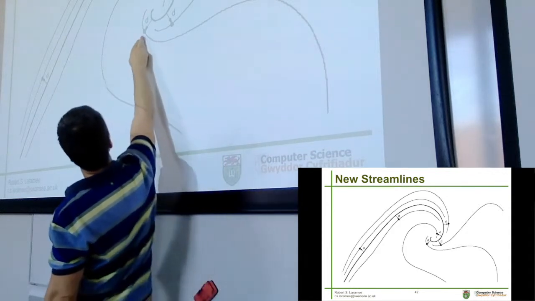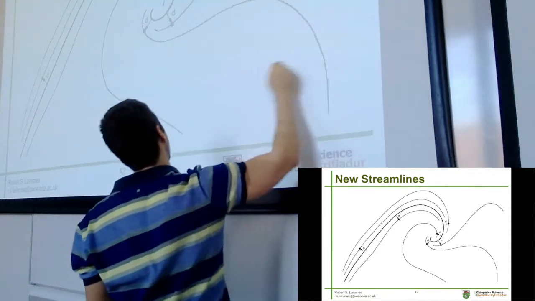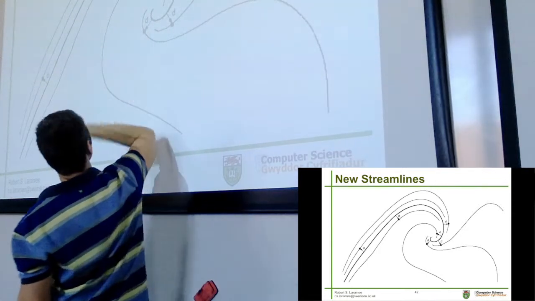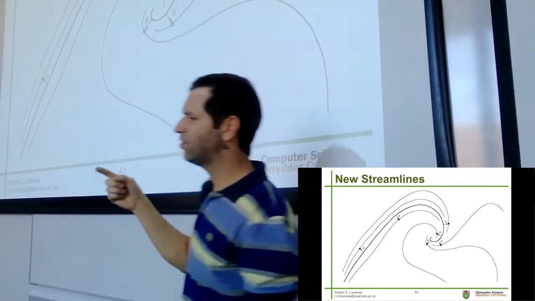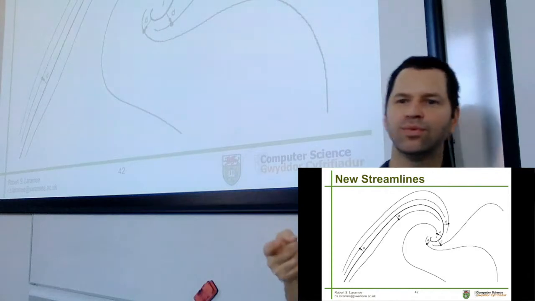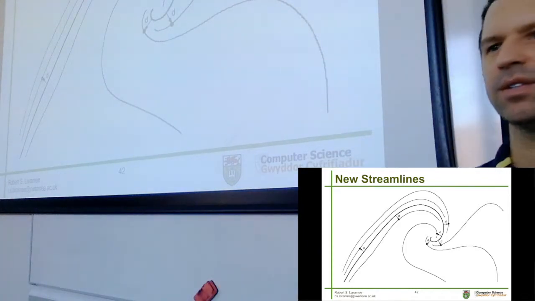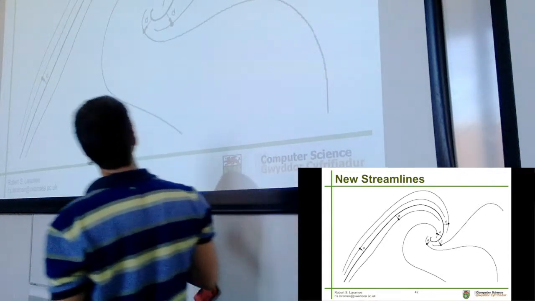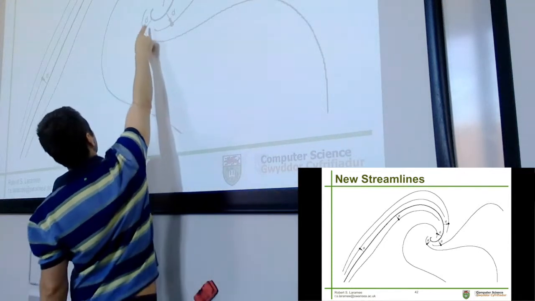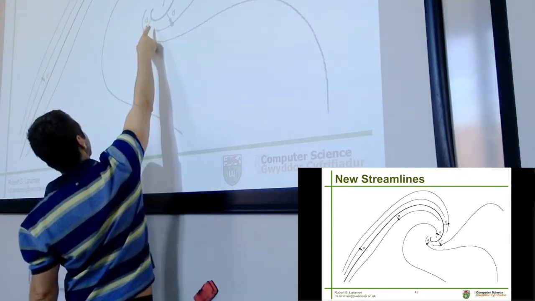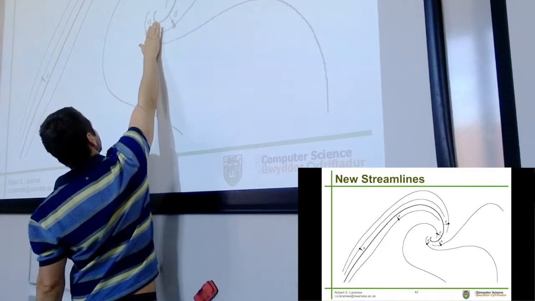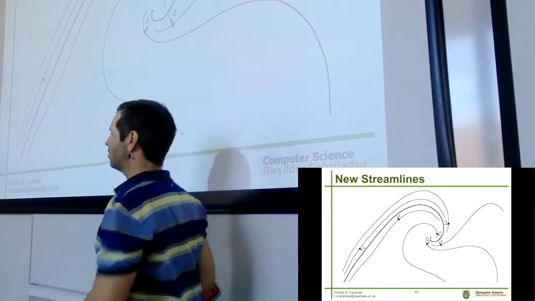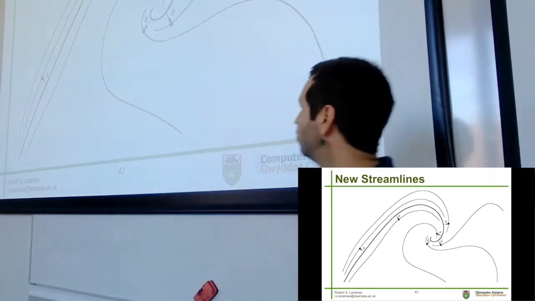Then we forward integrate and backward integrate, starting with this seed point, and we add that streamline to a queue, a list of streamlines to be processed. And then we return to the one we were working on, and we keep searching for more empty white space to plant new seeds.